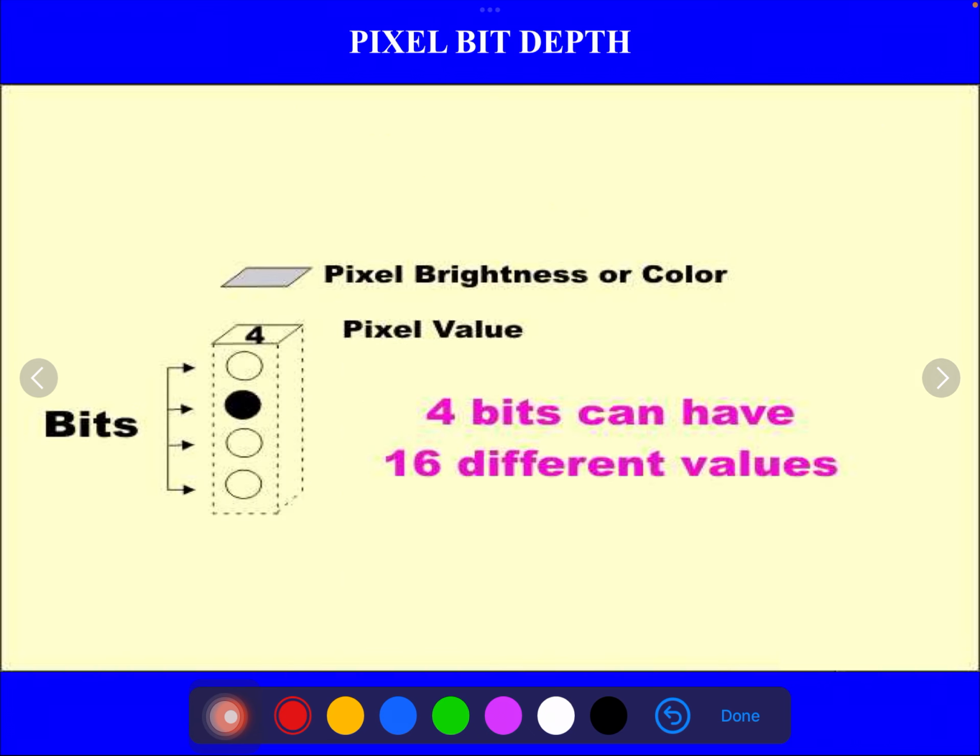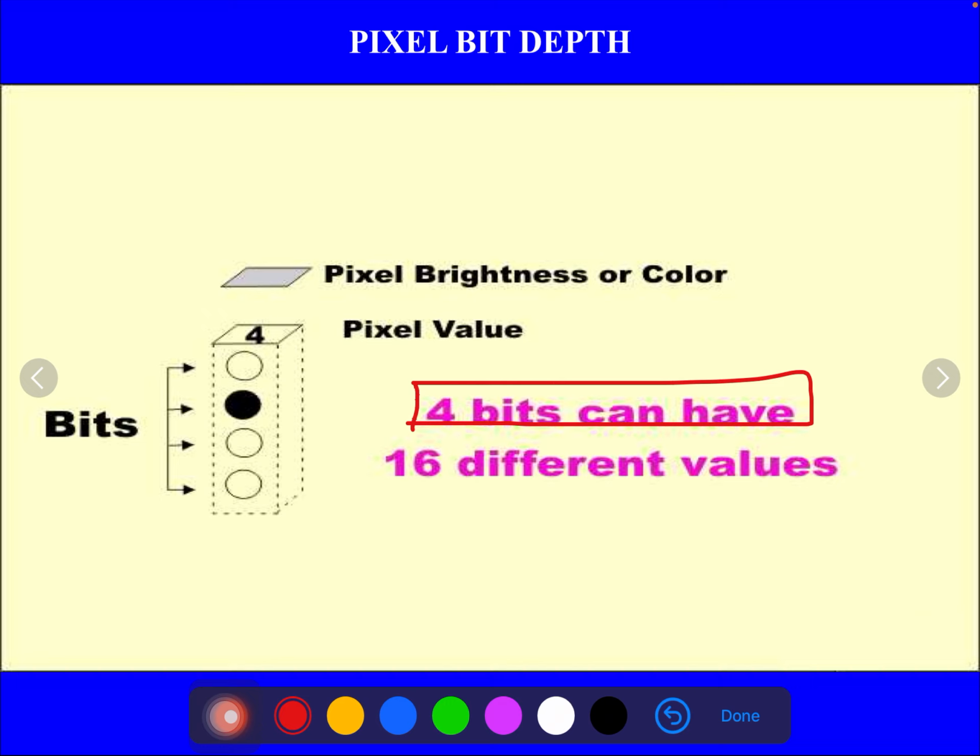Right. So let us move on to understanding pixel bit depth. What do you mean by pixel bit depth? Pixel bit depth determines the number of brightness or color levels a pixel can store.